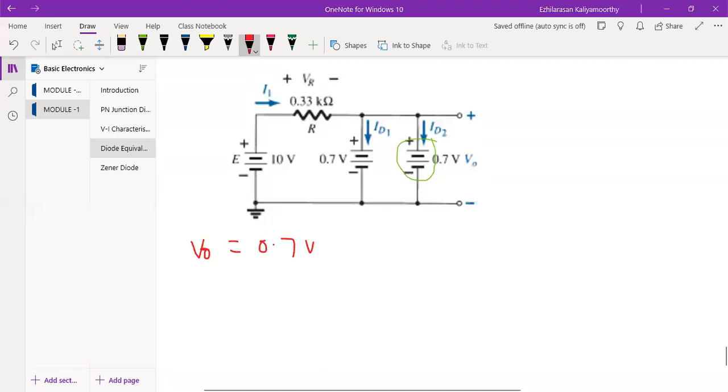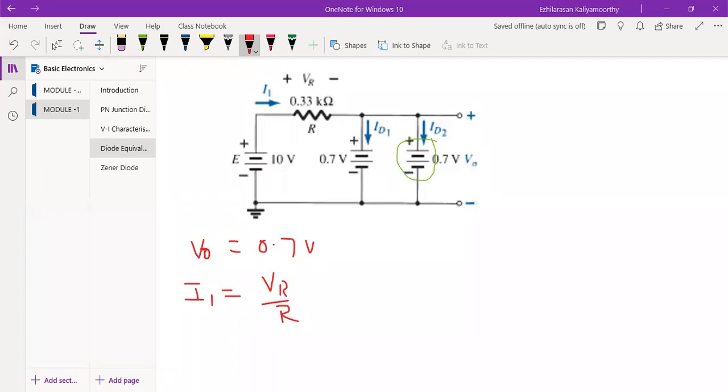Now, second parameter, the current I1 you have to calculate. If you want to calculate the current I1, then I is equal to V by R, right? So very simple, let us calculate I1 now. I1 is equal to VR by R actually.